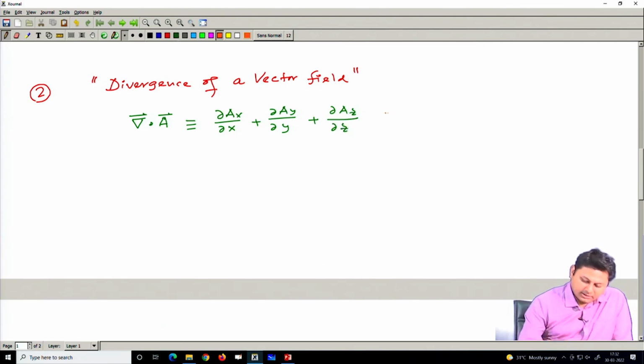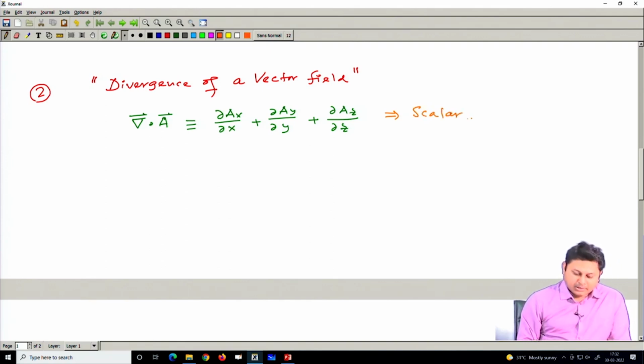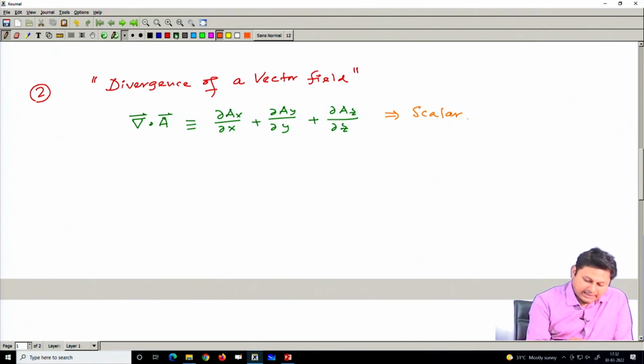This quantity is a scalar quantity, where A is a vector field and should have components like this.